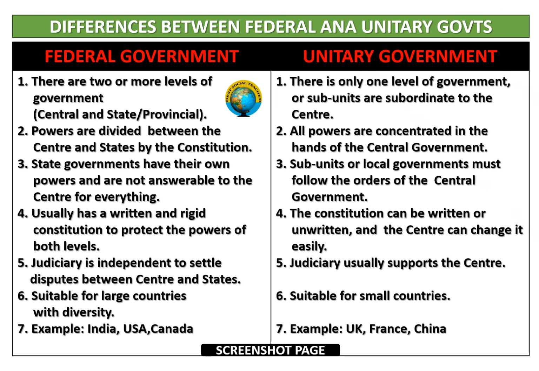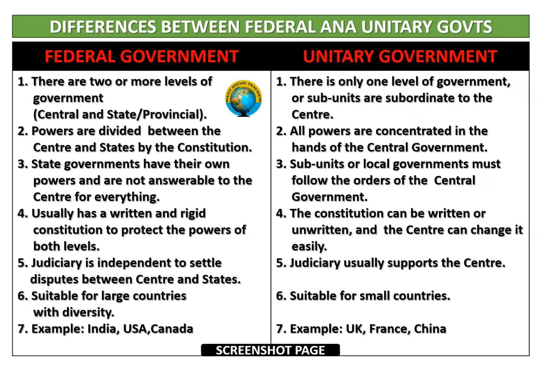Federal government, unitary government. There are two or more levels of government, central, state and provincial. There is only one level of government, or subunits are subordinate to the center. Power is divided between the center and states by the constitution. All powers are concentrated in the hands of the central government. State governments have their own powers and are not answerable to the center for everything. Subunits or local governments must follow the orders of the central government.